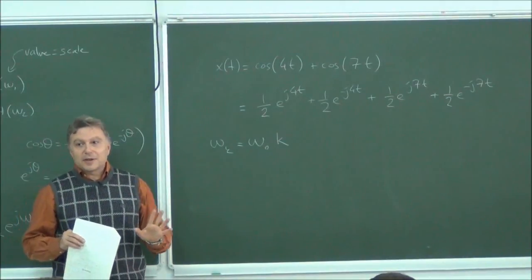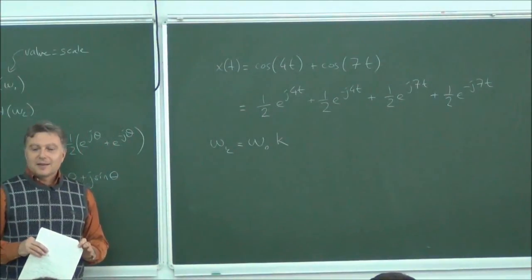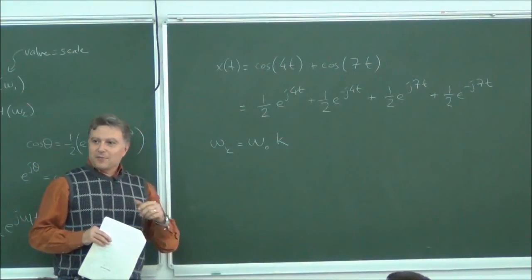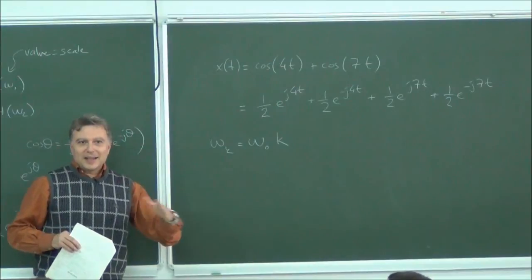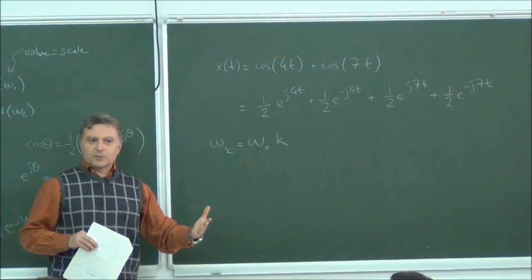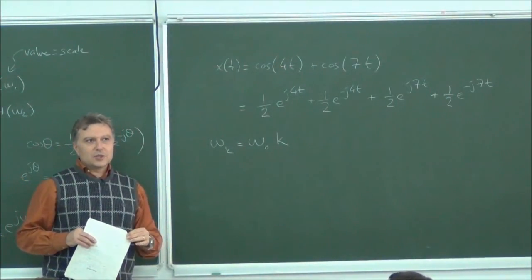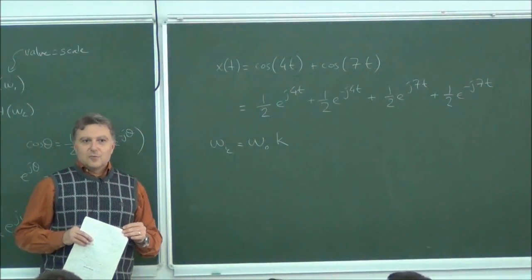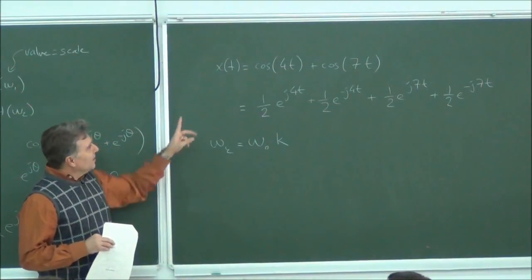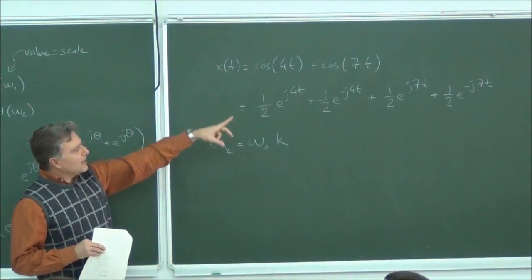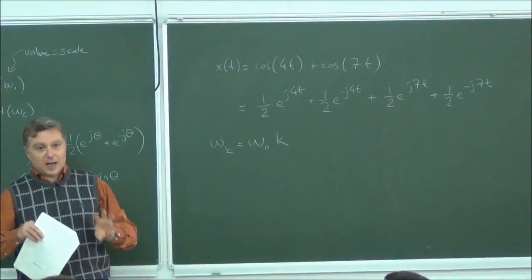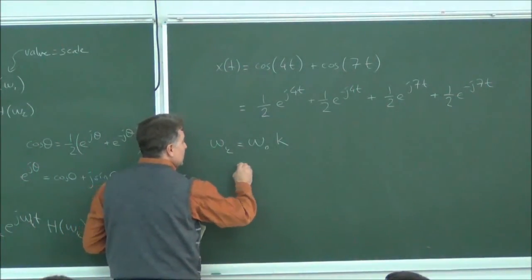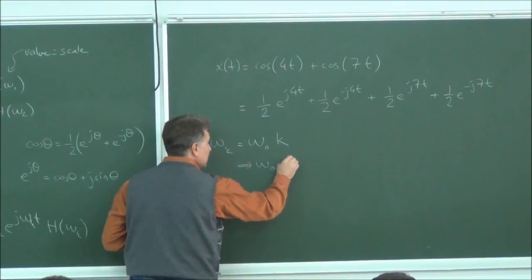I'm asking for a number here. 1. That's true. Because 4 is an integer multiple of 1, and 7 is also an integer multiple of 1. And there is no larger frequency which has these frequencies 4 and 7 as integer multiples. So here, in fact, omega 0, as you have suggested, is equal to 1.